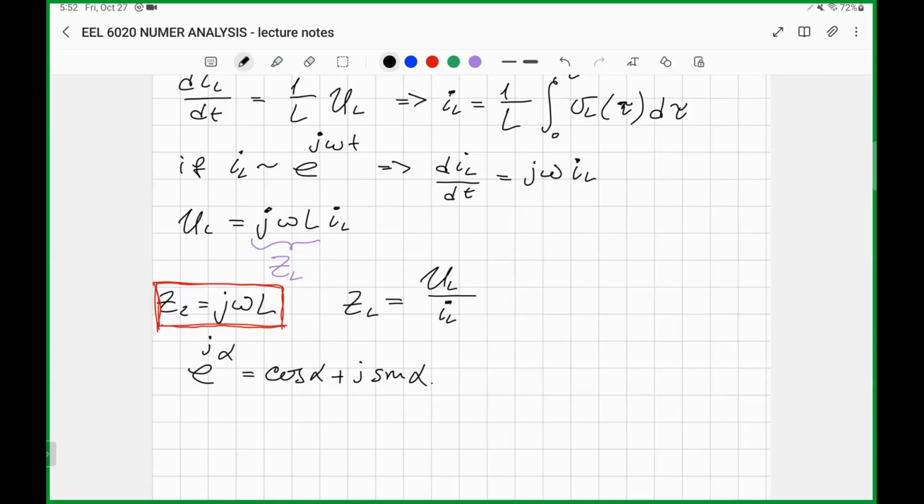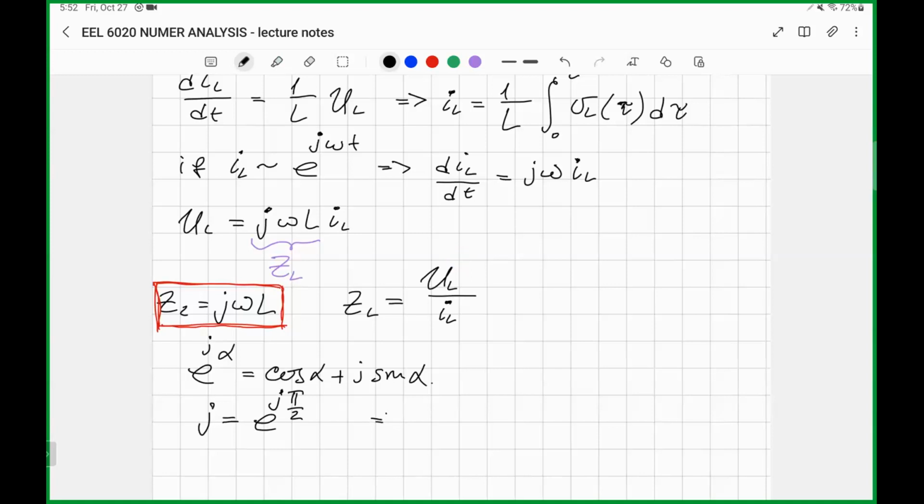I can represent the imaginary unit as e to the power of j pi over 2. Cosine pi over 2 is 0, sine pi over 2 is 1, so j is equal to e to the power of j pi over 2.